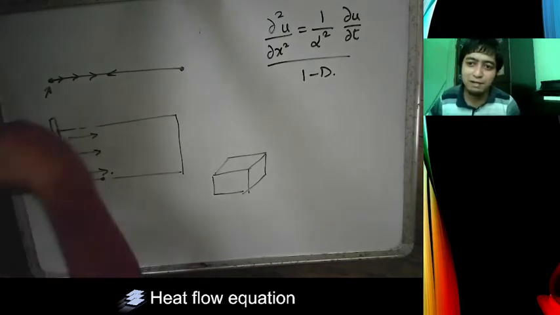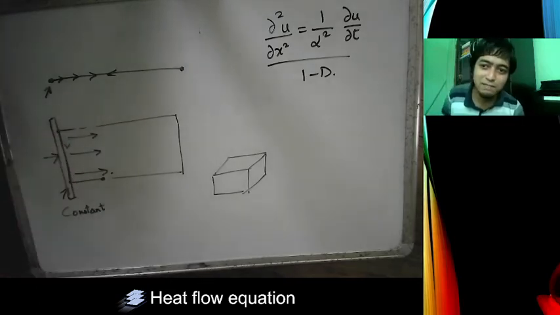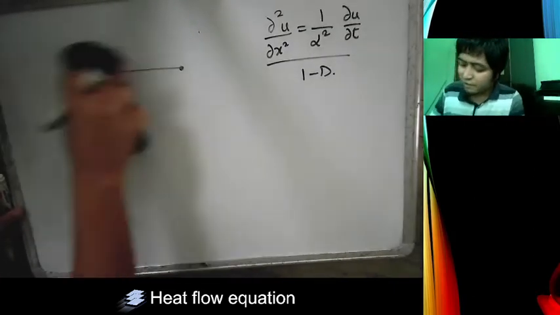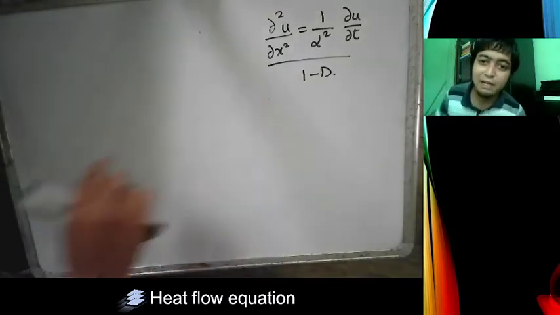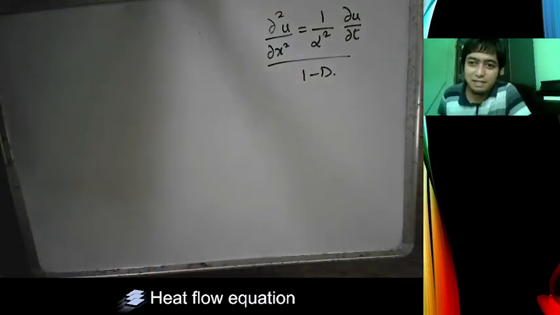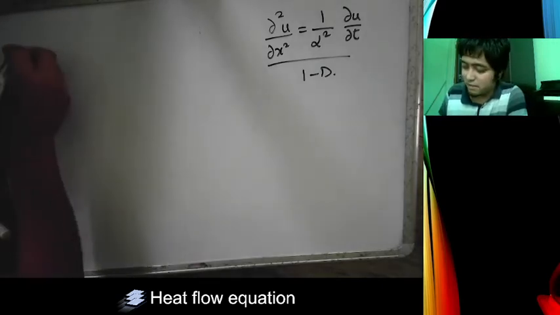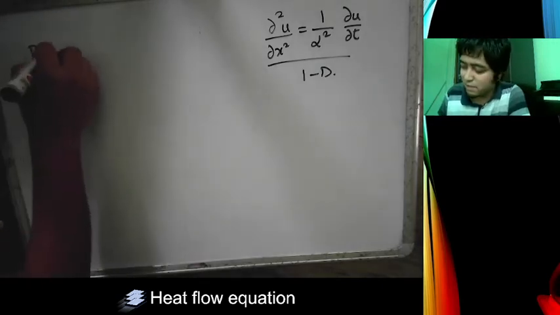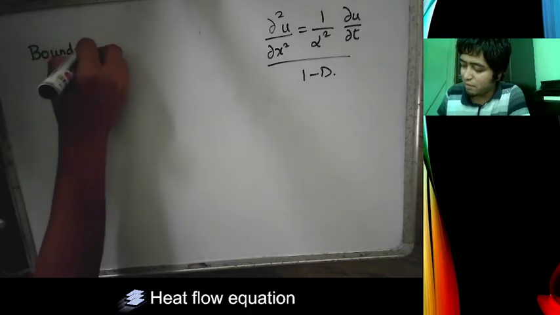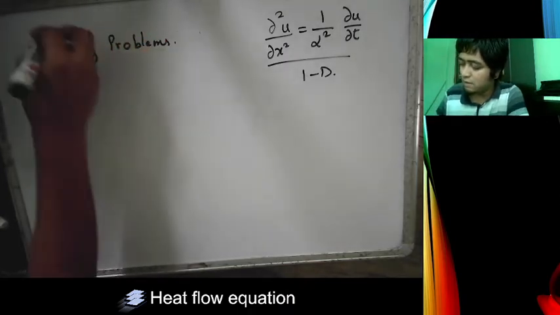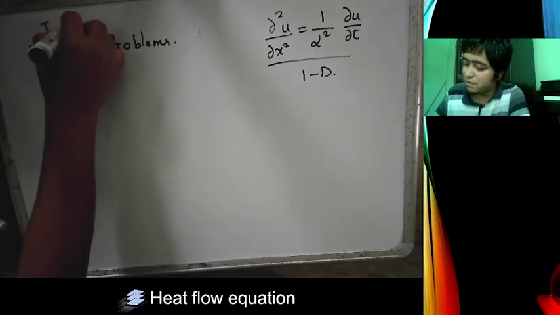Heat flows only when there is a difference in temperature. I hope you remember that. So what are the types of problems that we will encounter in this one-dimensional heat flow? There are problems which we call boundary problems and initial value problems.